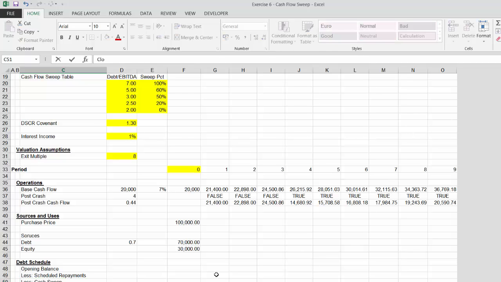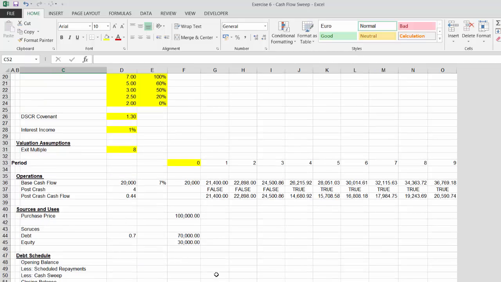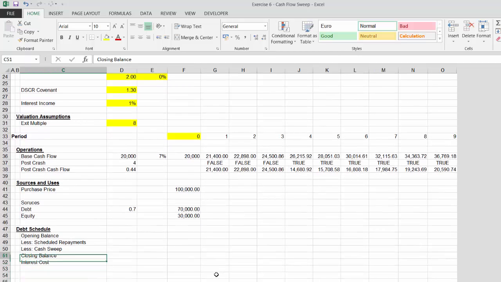And let's get a closing balance. And then let's put our interest cost. Okay, and then why don't we do the same thing? It's not worth doing. Well, I'll copy the opening balance at least.